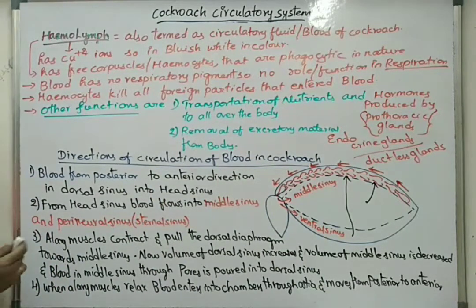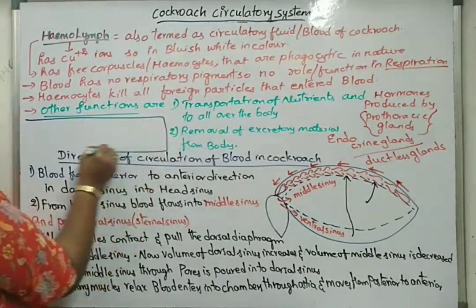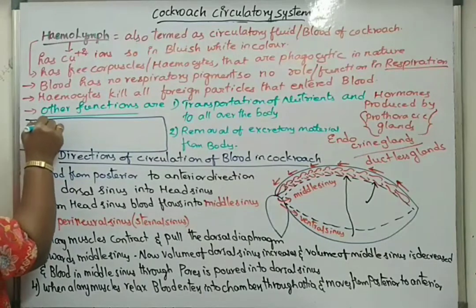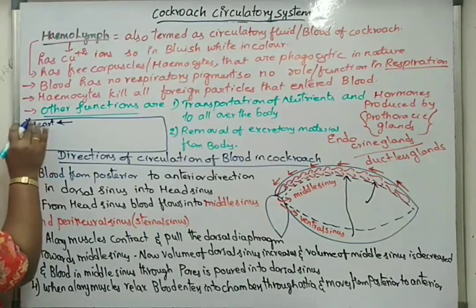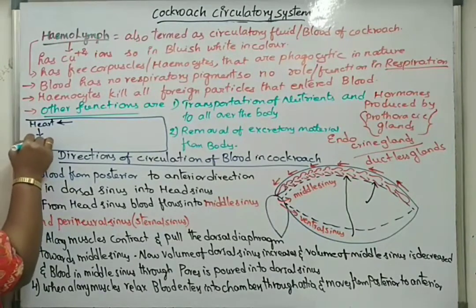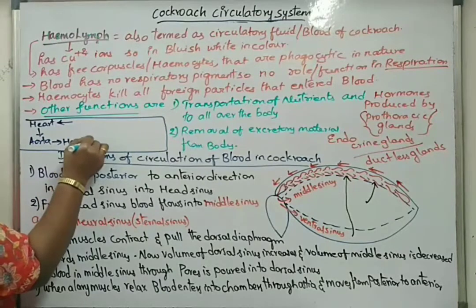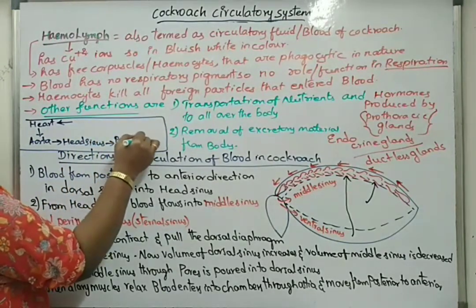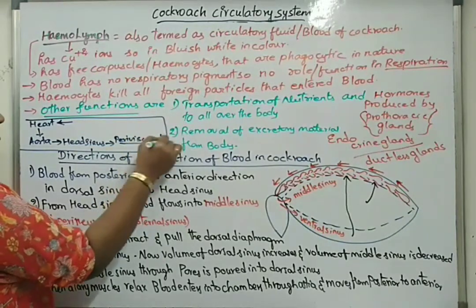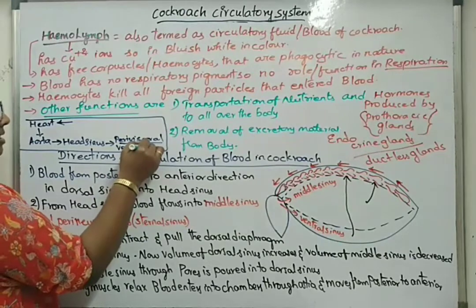So simply we can give one rough diagram regarding this. From heart, blood is flown into aorta. From aorta, blood is flown into head sinus. Head sinus into perivisceral, and perivisceral is middle sinus and ventral sinus, that is sternal sinus.